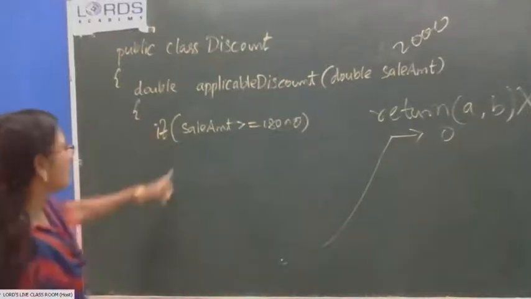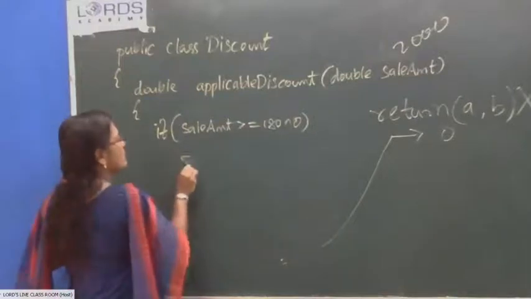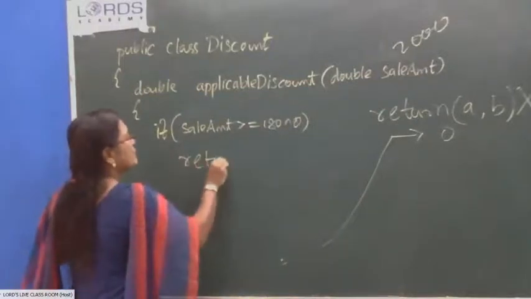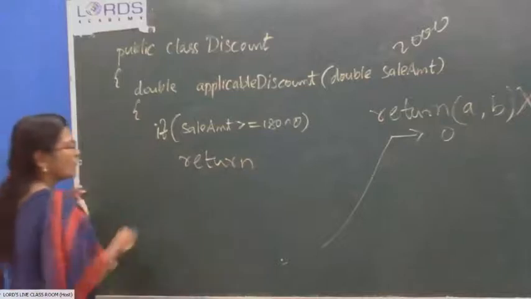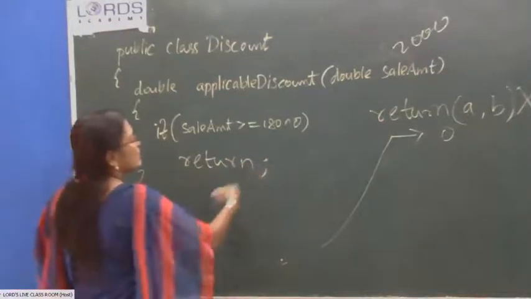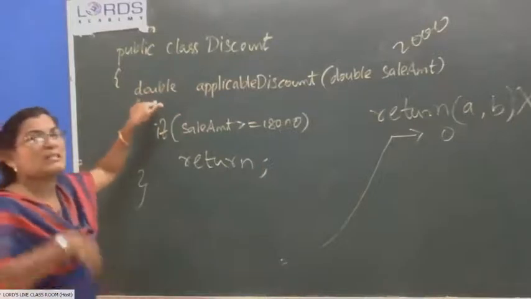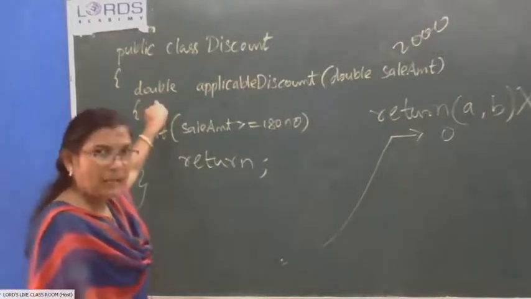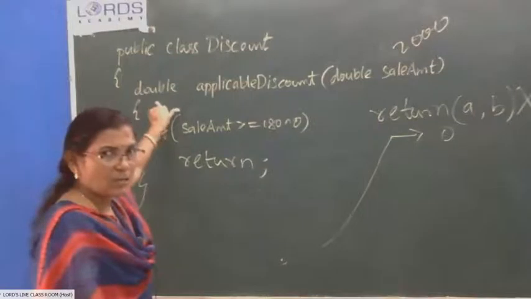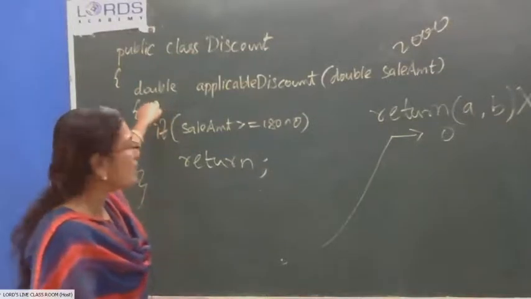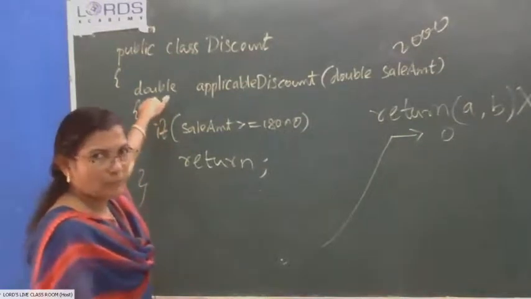If sales amount greater than or equal to 18,000, simply a return command cannot be given without any value, because here the return data type is double. So you have to return a double type value to the method call, to the place where the method is called, to the invoking part of the code.